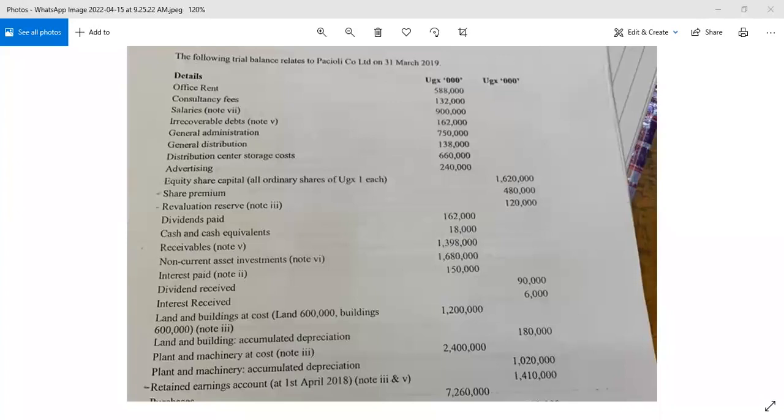Ordinary shares have 1,620. So 620. Then share premium is 480. Then revaluation reserve, you have 120.